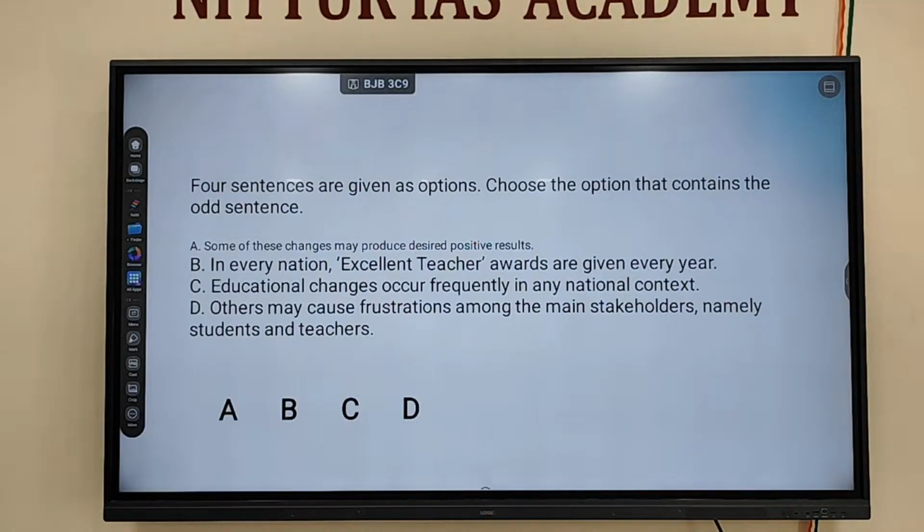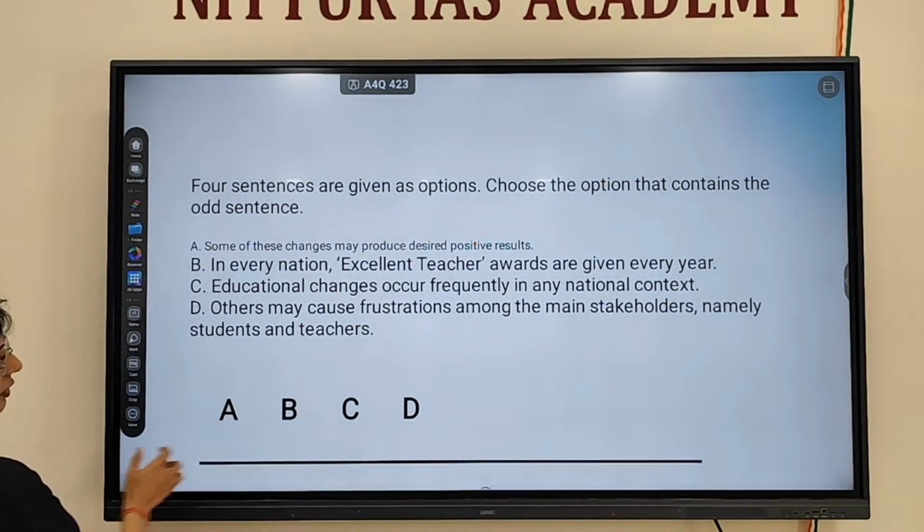A and D both are not the answers. Looking at the first one, it is talking about some desired changes, which will lead to positive results. The second one is talking about recognition. The third one is again educational changes. The fourth one is also talking about some kind of change, because there's prior frustration and they want to make some changes. So the answer is B, because this is about recognition, right?